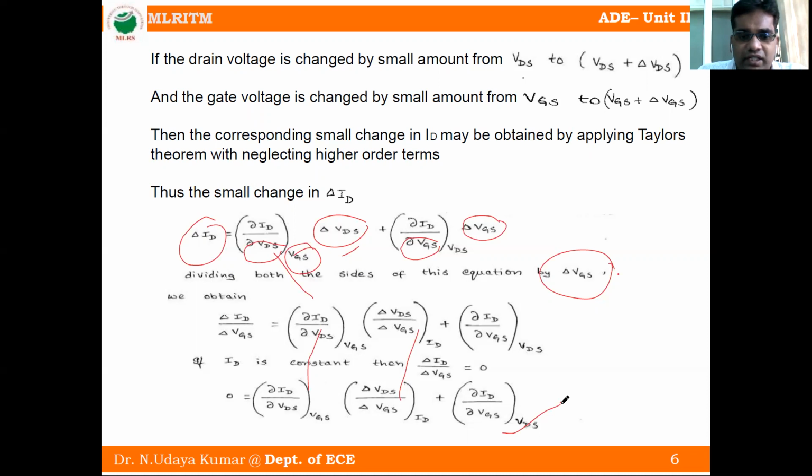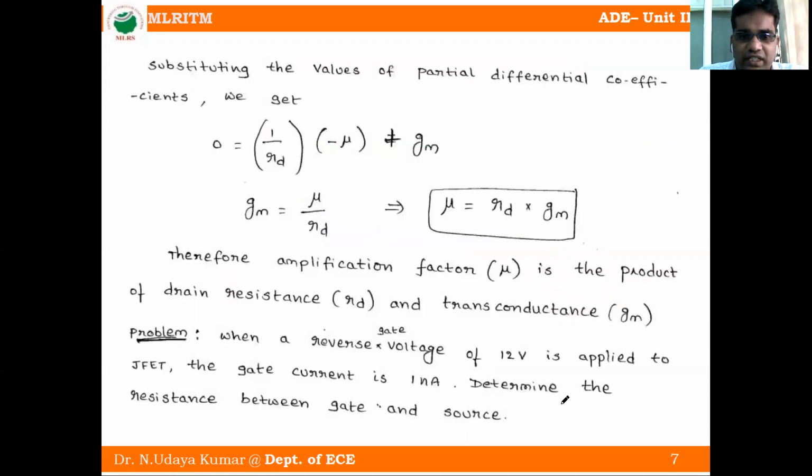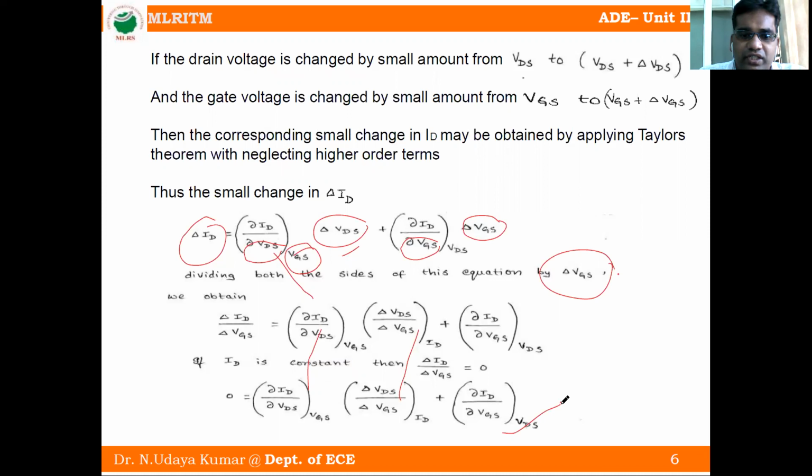We know that change in ID by change in VDS, as we just saw, is called drain resistance. So the reciprocal of drain resistance is transconductance here. So dou ID by dou VDS is 1 by RD, and dou VDS by dou ID is nothing but drain resistance.